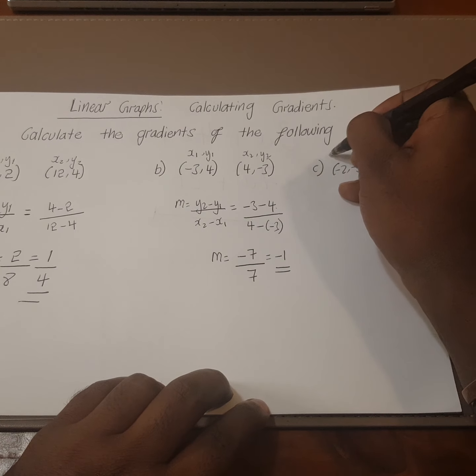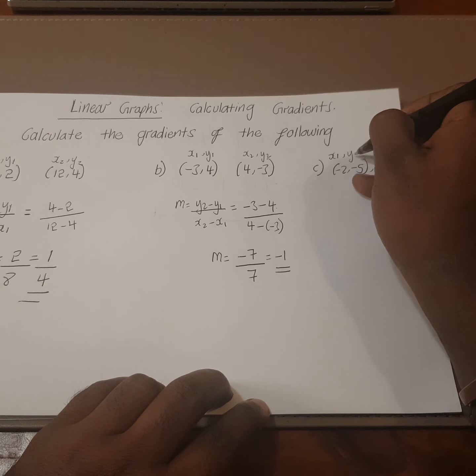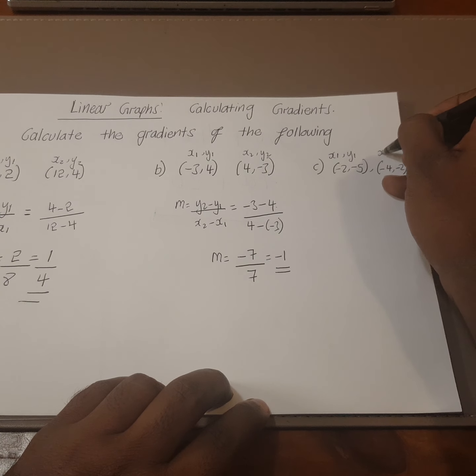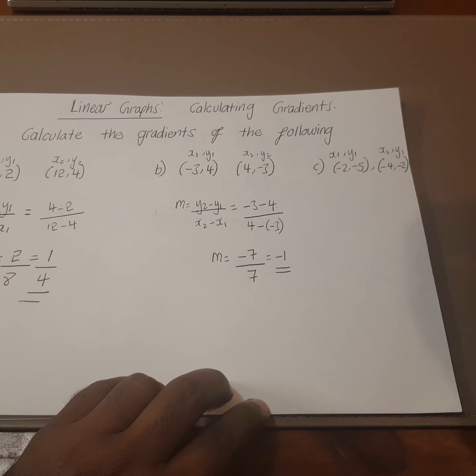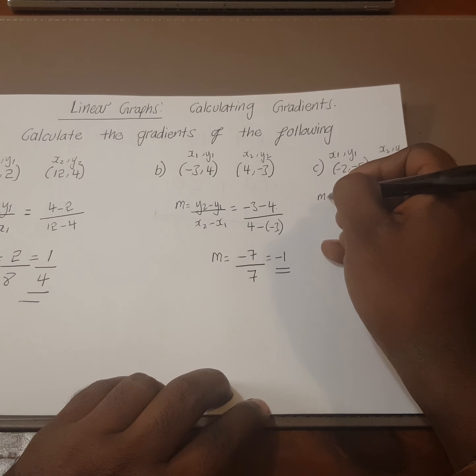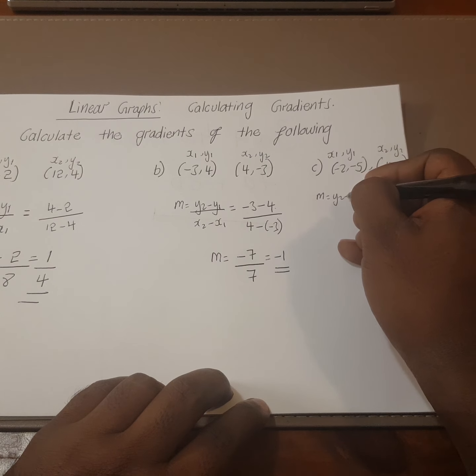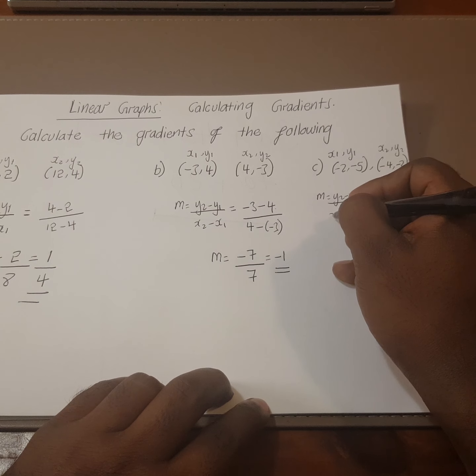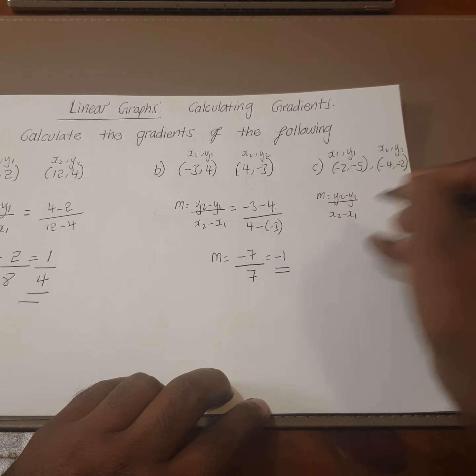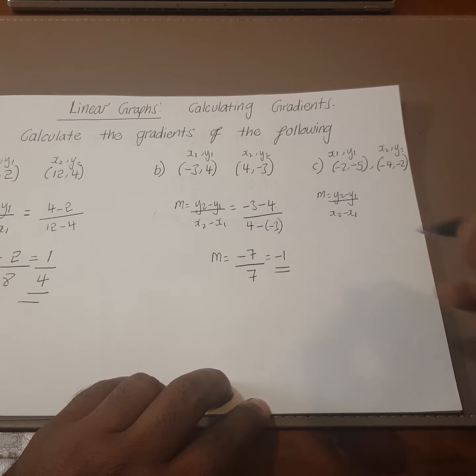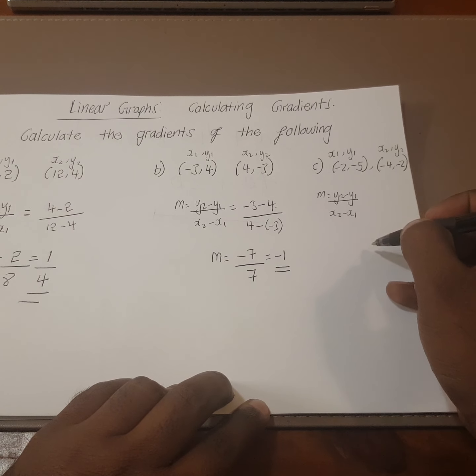All right, so I'm going to allocate them the respective coordinates x1, y1, x2 and y2. The next thing, we're going to write down the formula y2 minus y1 over x2 minus x1. All right, and then what we do from here is we work out the respective numbers.